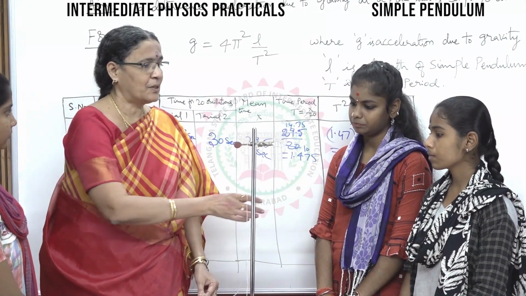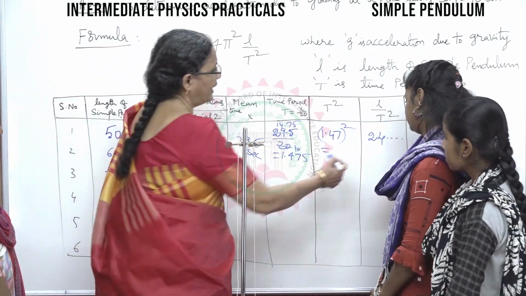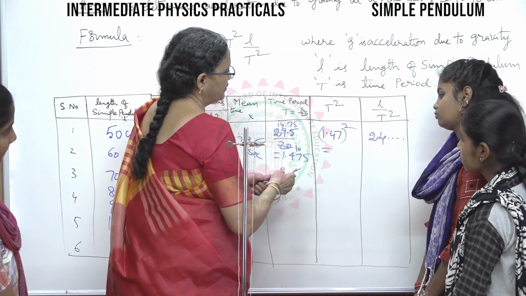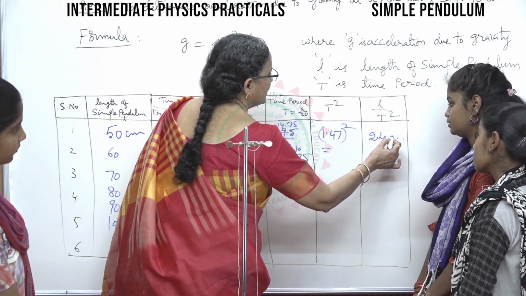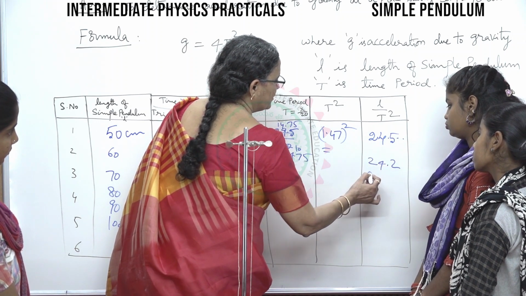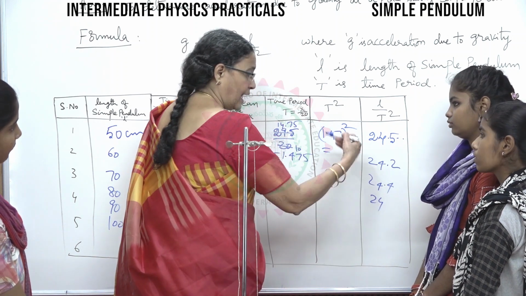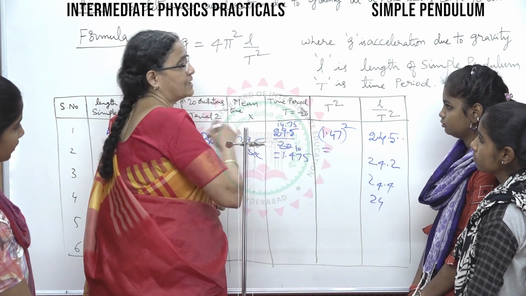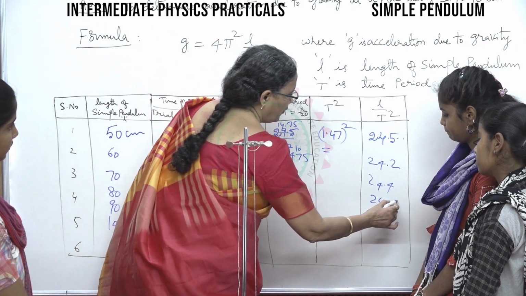Okay? So, like that, you are going to take 6 values. Say for one I got, roughly I am writing 24.5, another one 24.2, 24.4, 24.6, 24.8, 24.9. Length may increase. If length increases, time also increases.